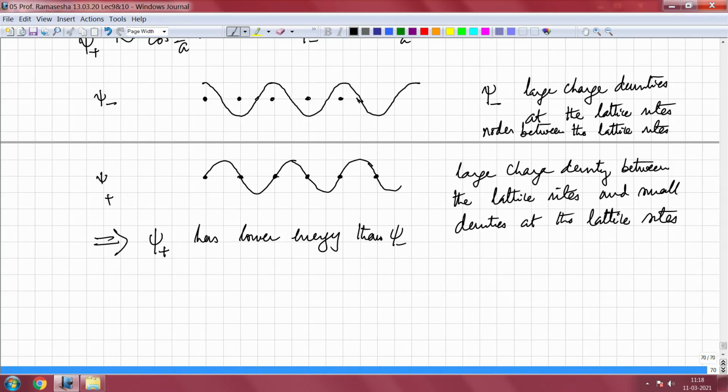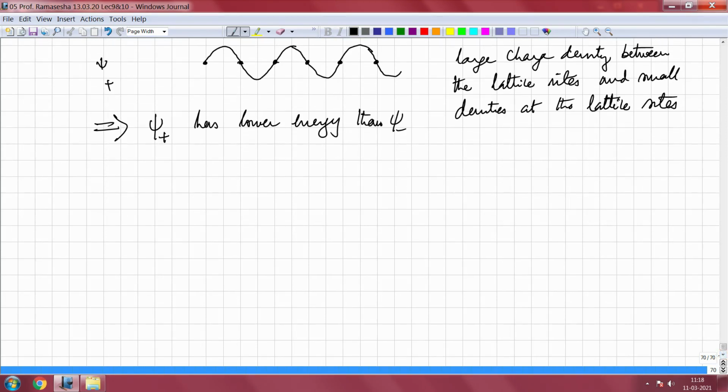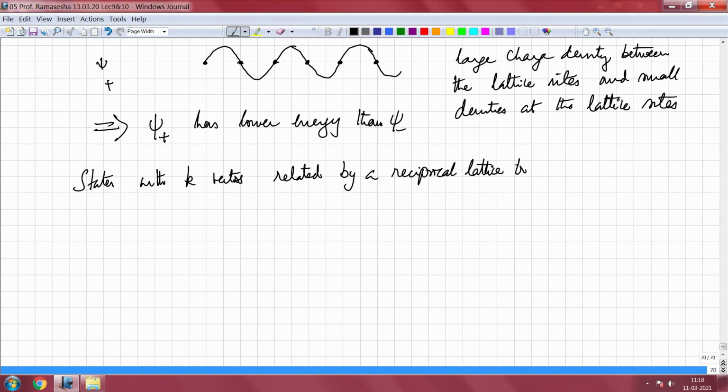Now, another important thing is that we know that states with k vectors related by a reciprocal lattice translation vector have the same periodicity.